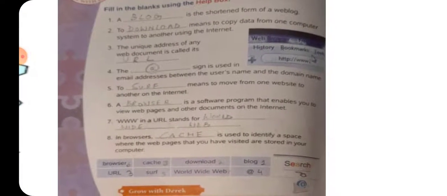When it gets stored out there, it is known as cache, and this cache is used to identify a space where the web pages that you have visited are stored in the computer. So here you can see the help box is also provided, children. If you have any problem, you can just check out the help box also. The answers are written beside, the numbers are given of the correct answer, so you can tally with that also.